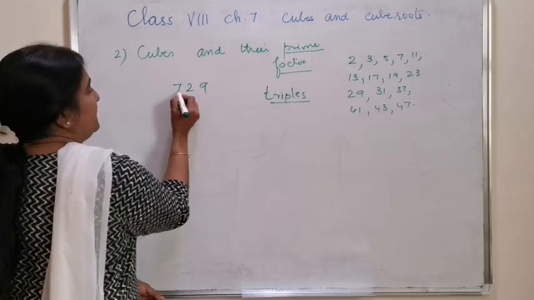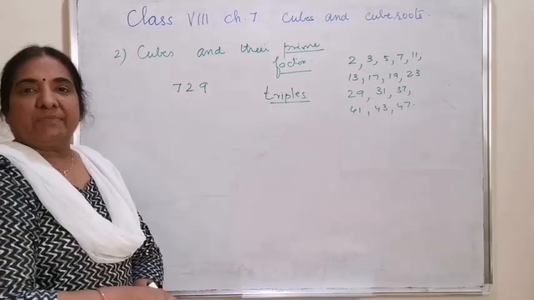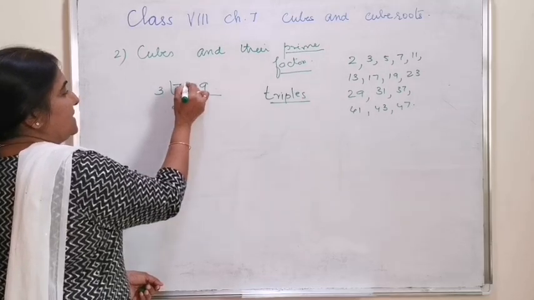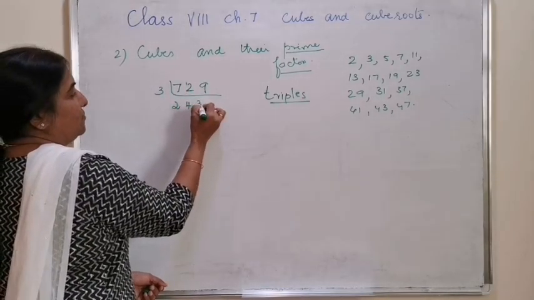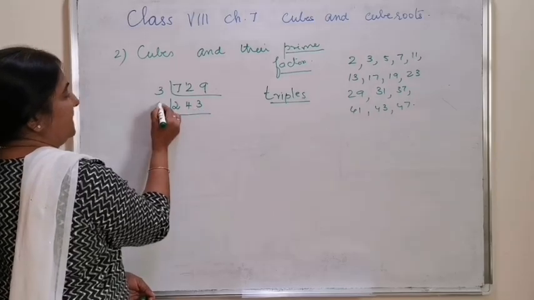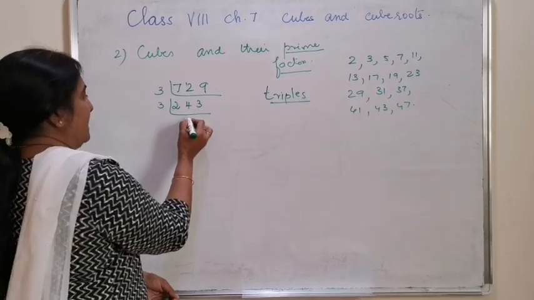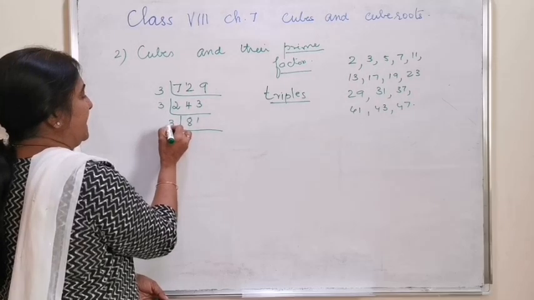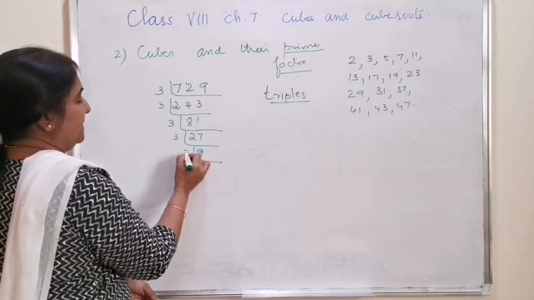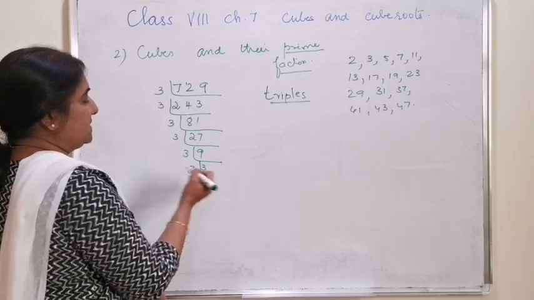729, 7 plus 2, 9 plus 9 is 18. It is divisible by 3. 3 2s are 6, 4 3s are 12, 243. Again, 4 plus 2 is 6, 6 plus 3 is 9, divisible by 3. It is 81 divided by 3, again 27 by 3, 9 by 3, 3 and 1.